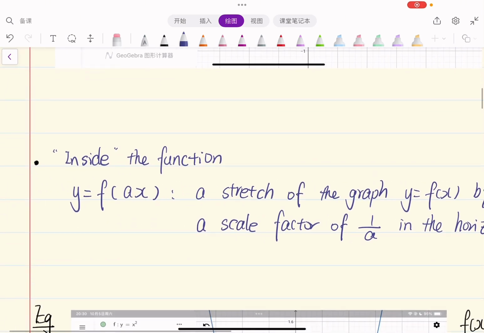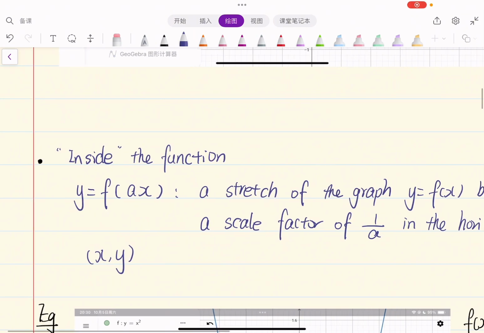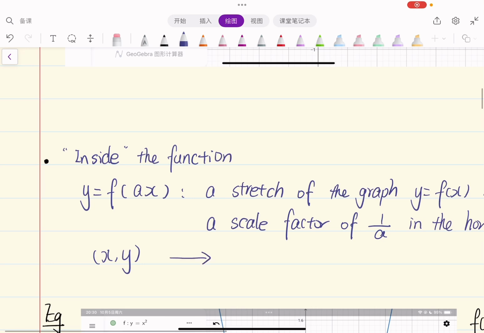If there is a point (x, y) on f(x), after stretching to f(ax), we have (1/a times x, y).